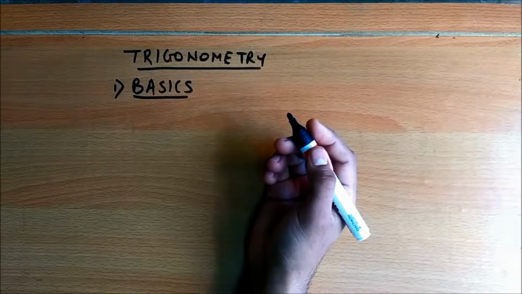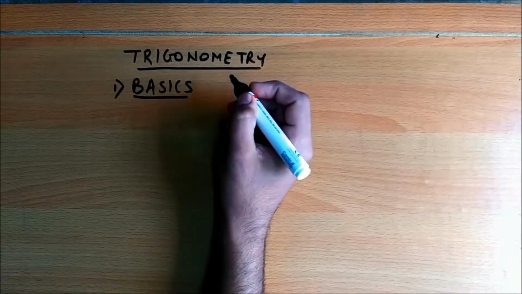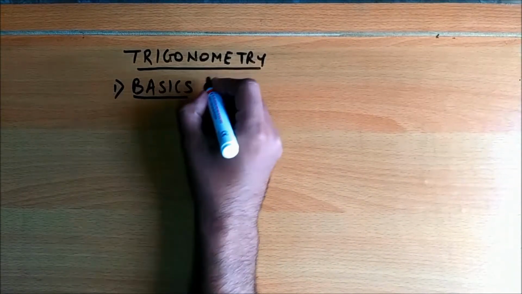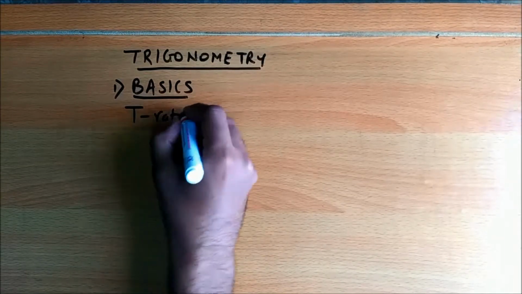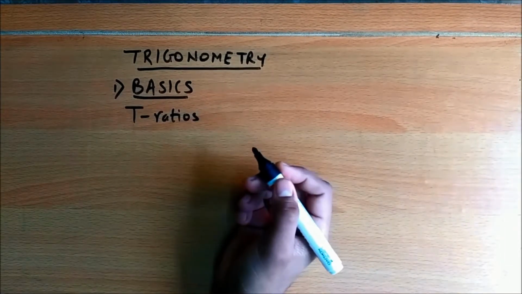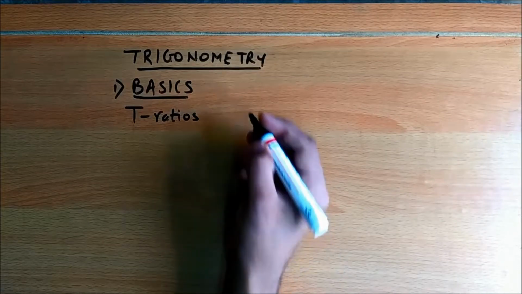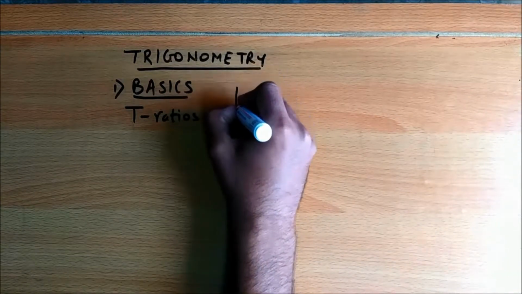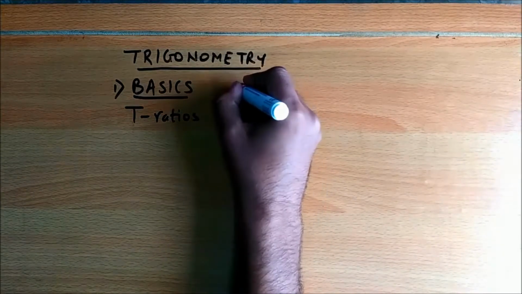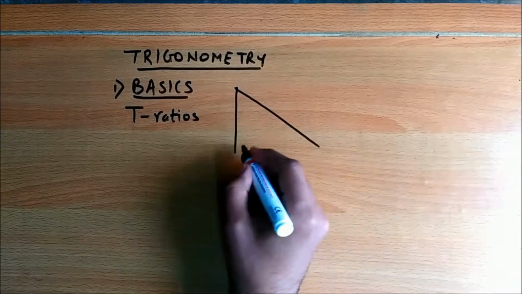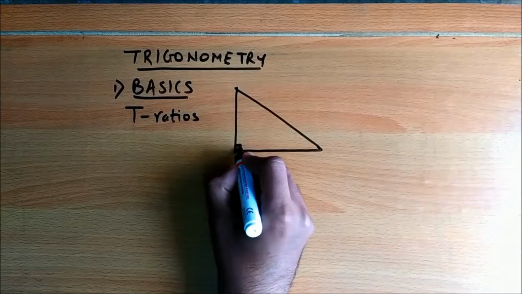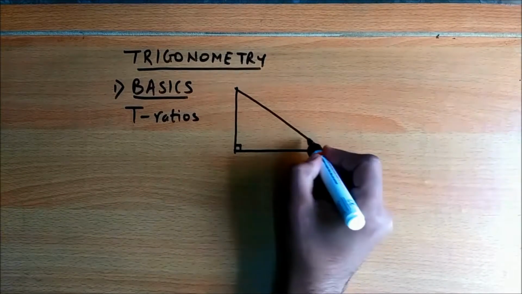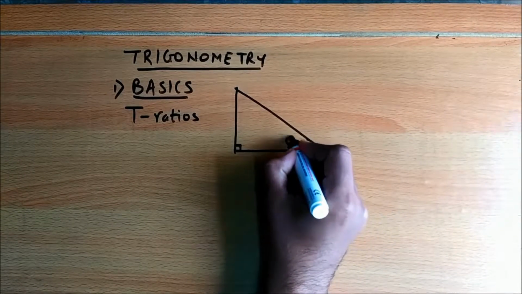Now, to begin with, let us define the 6 trigonometric ratios. Trigonometric ratios, yes, we also call them the T ratios. To define the T ratios, we require a right angle triangle. So you have a right angle triangle, 90 degrees there. Let's consider an acute angle there, theta.